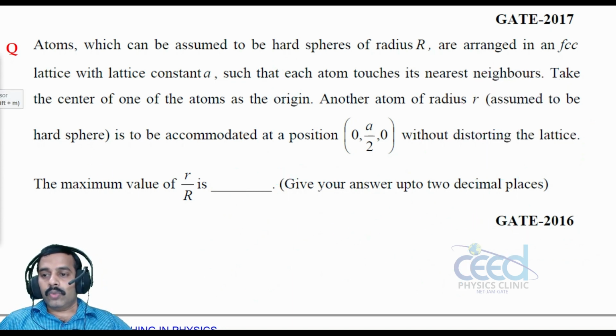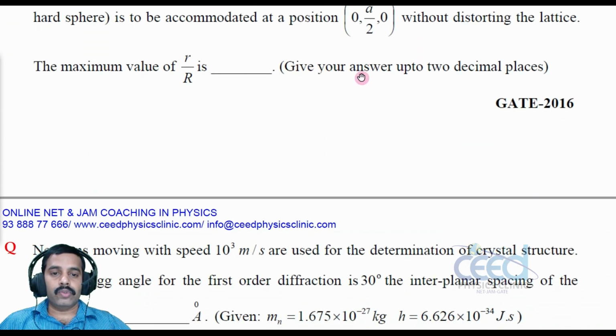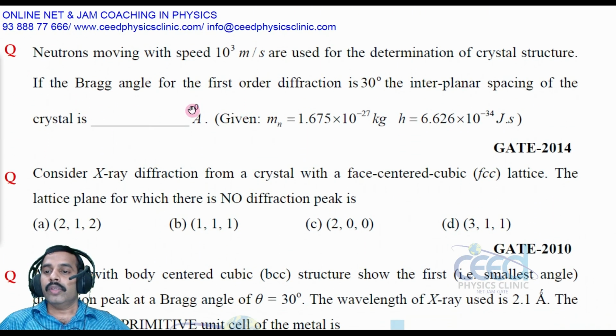Now let us come to another question. We have to write the answer in 2 decimal places. Neutrons moving with a speed 10 raised to 3 meter per second are used for the determination of crystal structure.